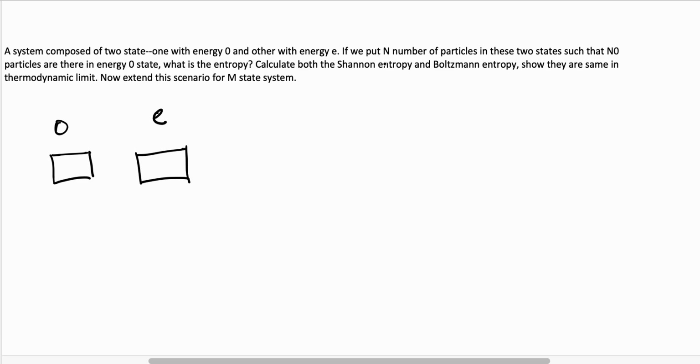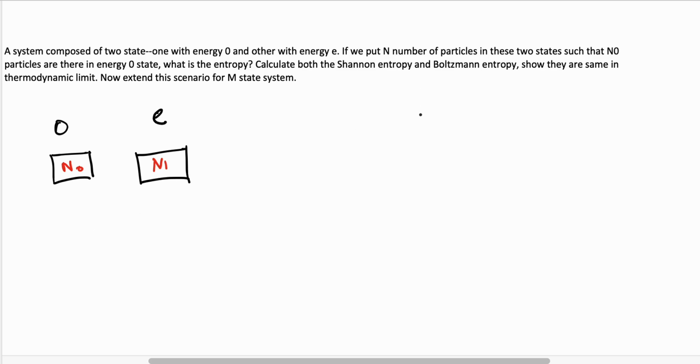Now there are n particles, and we have to put n0 particles here and n1 particles there. How many ways can we do that? That gives me the total number of microstates.